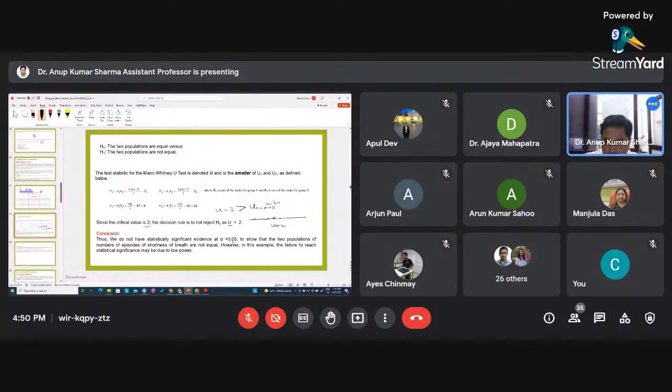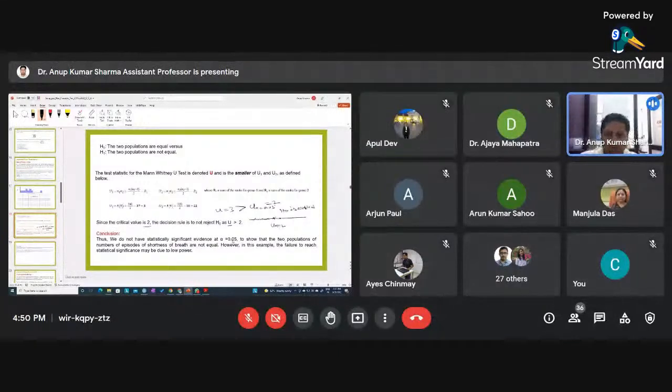So we say that H naught is accepted. Two populations are equal, meaning both medicines have the same effect with 5% error, meaning 95% of the data is contributing.